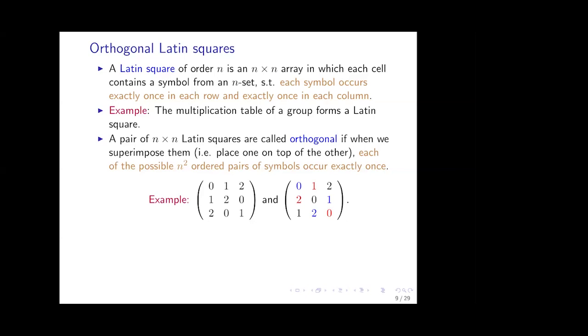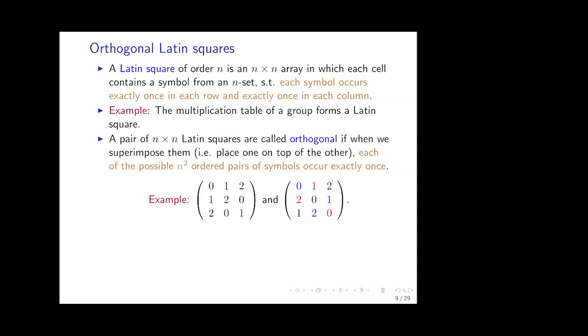So a further question is, is it possible to construct orthogonal Latin squares? What are orthogonal Latin squares? A pair of n by n Latin squares are called orthogonal if, when one superimposes them, superimpose means place one on top of the other, each of the possible n-squared ordered pairs of symbols occurs exactly once.